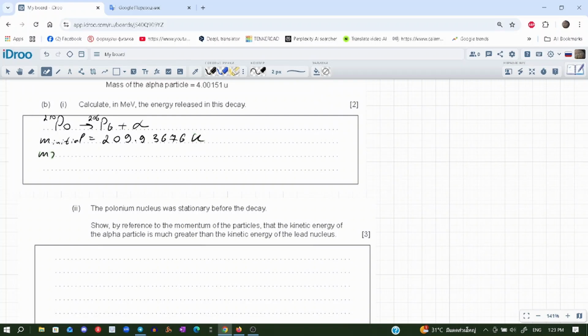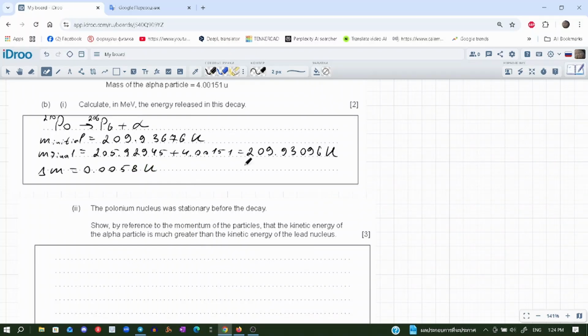M final, mass, equals 205.92945 plus 4.00151, which equals 209.930996 U. So delta M, mass defect, equals 0.0058 U.